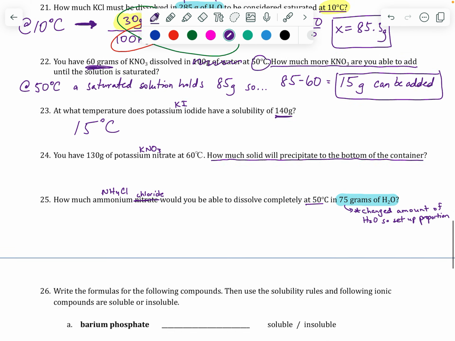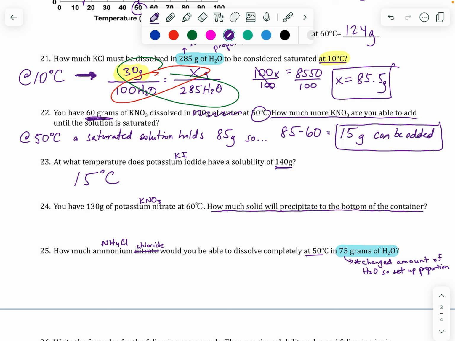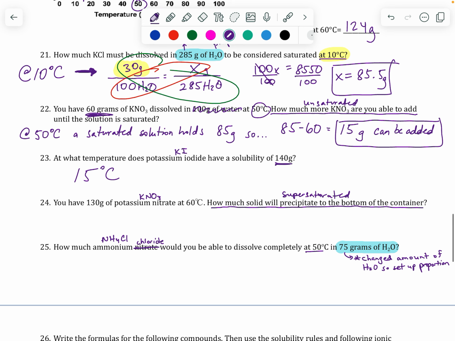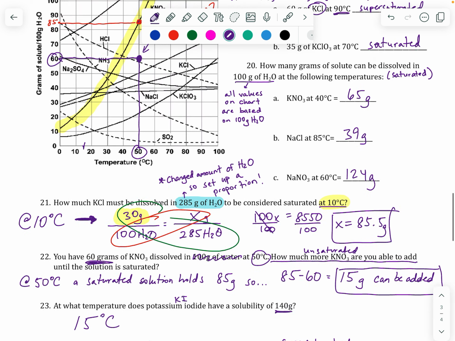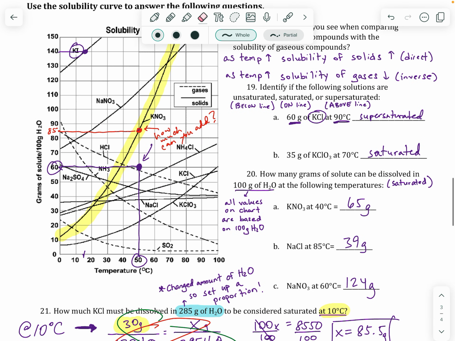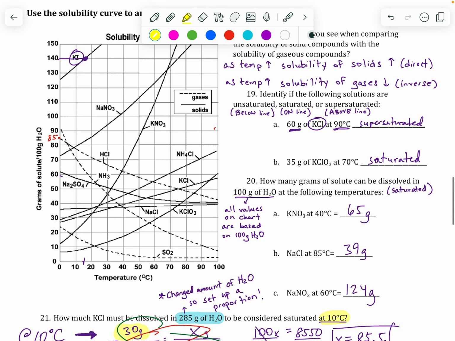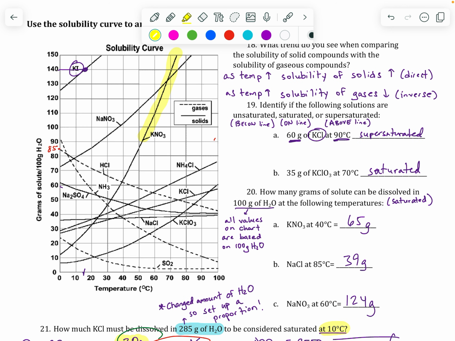And that's because this is supersaturated. So this was unsaturated. This one is supersaturated because there's going to be a precipitate that forms. And so we do this very similar to how we did before. Good thing we are on the same substance here, potassium nitrate. And so here's potassium nitrate. I'll just re-highlight that.